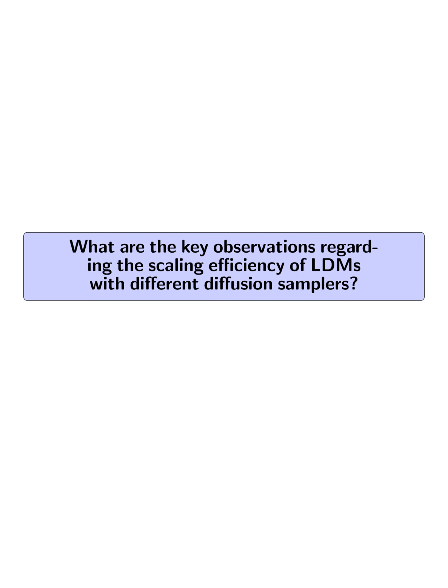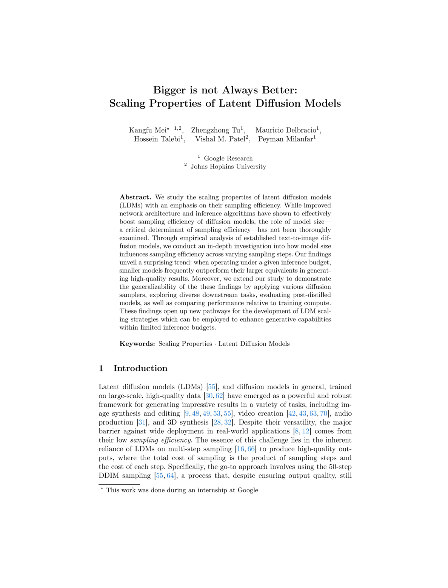What are the key observations regarding the scaling efficiency of LDMs with different diffusion samplers? The key observations regarding the scaling efficiency of latent diffusion models, LDMs, with different diffusion samplers are as follows. 1.